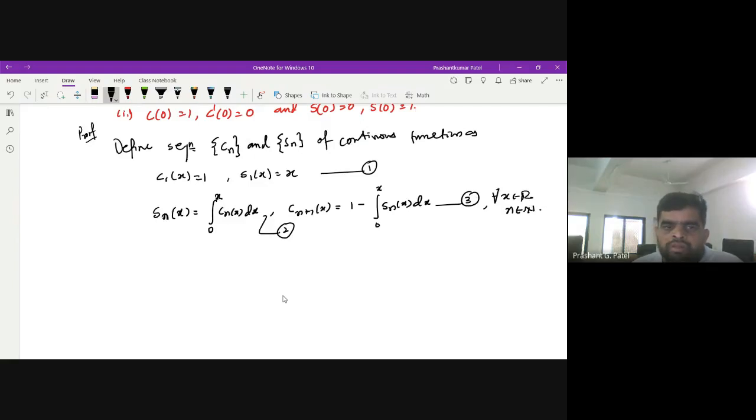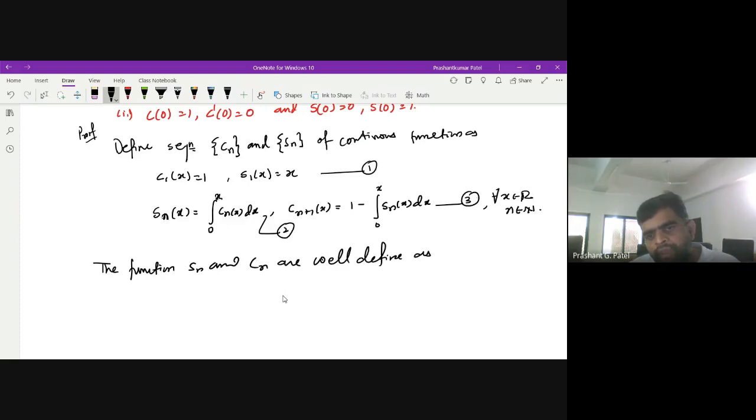So thus Sn and Cn are well defined. I am just writing all this in one sentence: the functions Sn and Cn are well defined as they are continuous on a bounded interval.